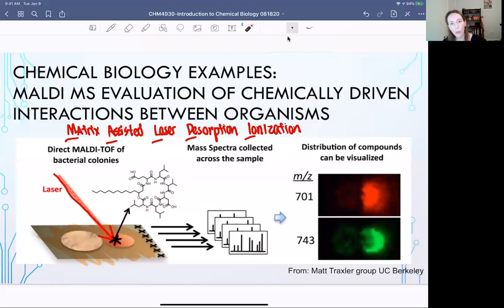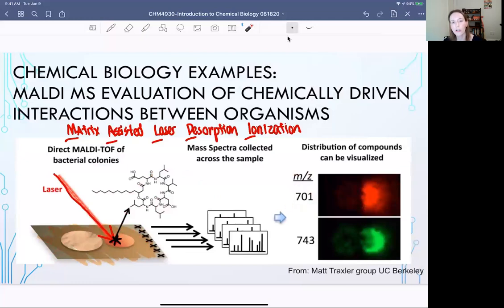If one continues to collect mass spectra all over this plate, just scanning all the way down the plate, then mass spectra are collected across the entire sample, and the data can be evaluated for particular compounds, particular ions of compounds to be specific, that are present in some regions and not others. So for example, if we look at a mass to charge ratio of 701, M to Z stands for mass to charge ratio.